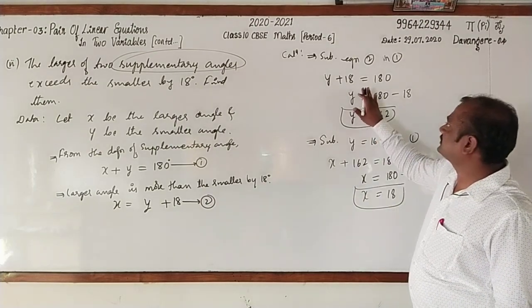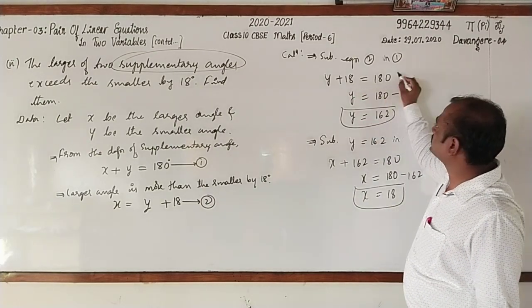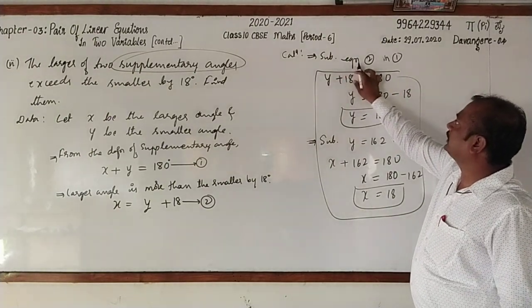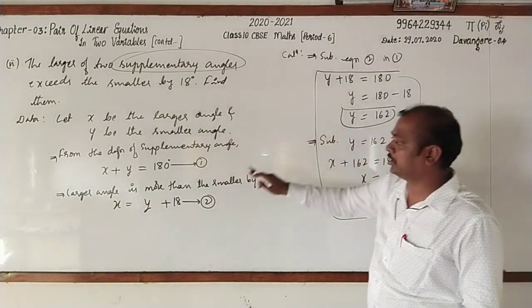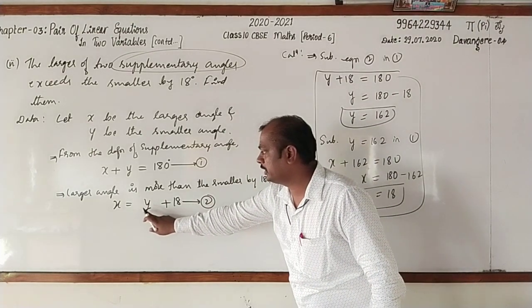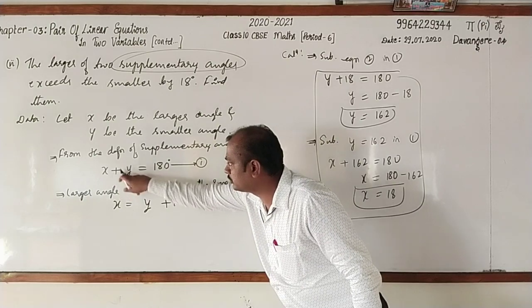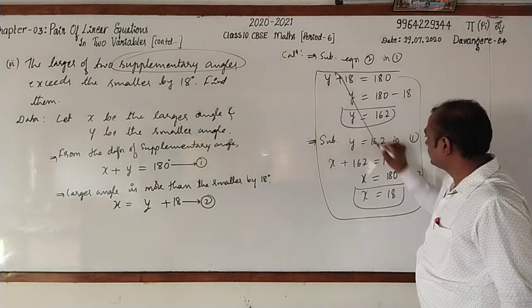Students, just observe this substitution. Here, you are going to substitute equation 2 in 1. Equation 2 is x equal to y plus 18. It should be substituted in 1. So, we are left with y.